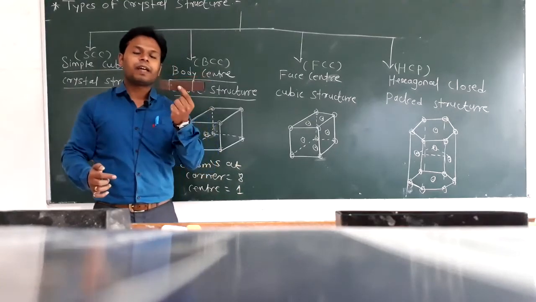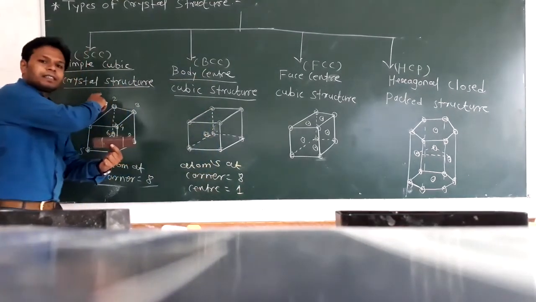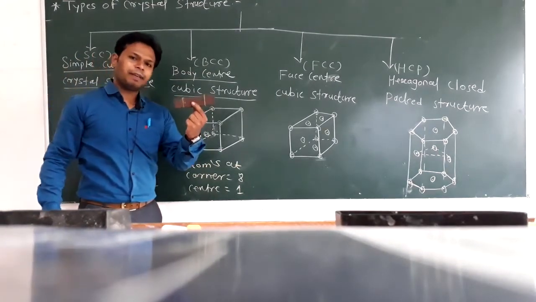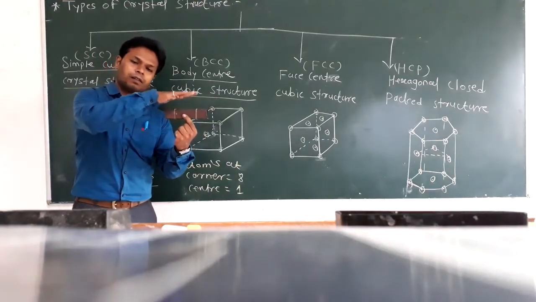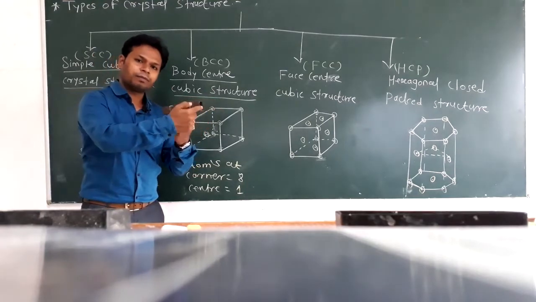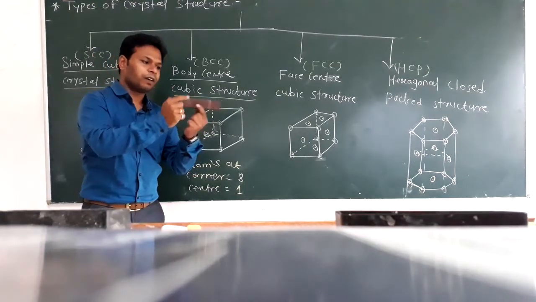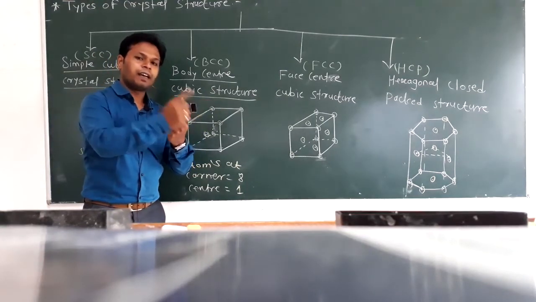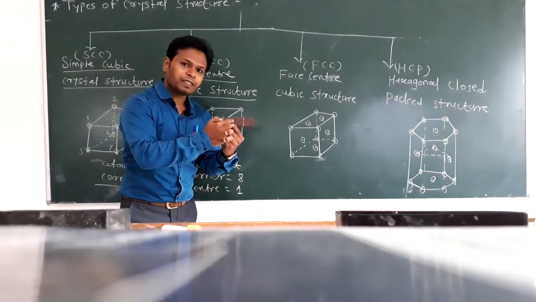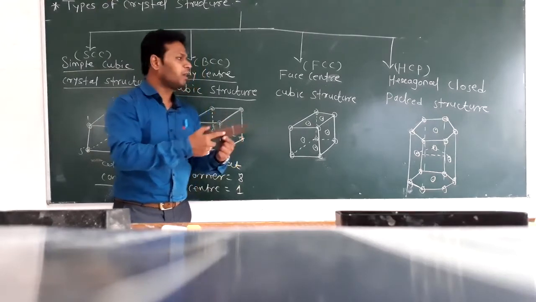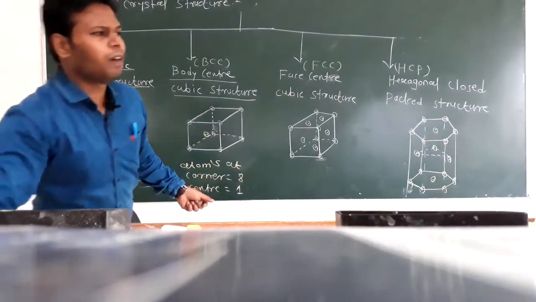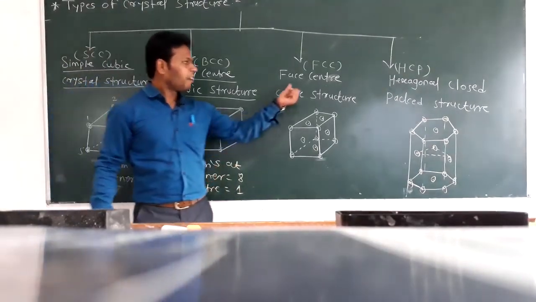This is known as simple cubic crystal structure. Similarly, we take the same example of this model. There are 8 atoms at the corners, 1, 2, 3, 4, 5, 6, 7 and 8, and there is one atom placed at the body or center of this crystal structure, known as body center cubic structure. Now the third part is the face center cubic structure.